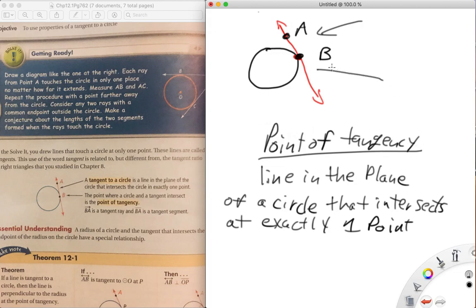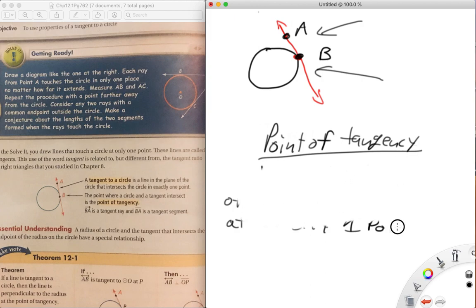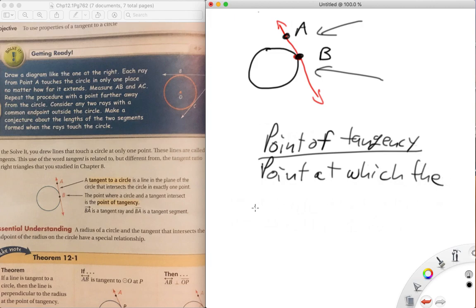Okay, point of tangency refers to the point, and it is the point at which the circle and the line intersect.